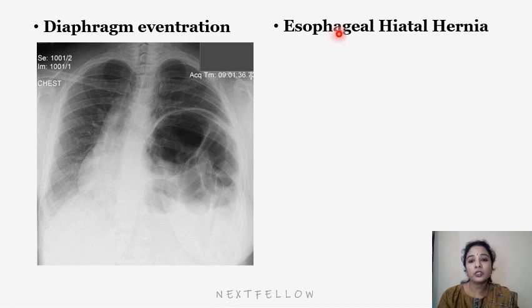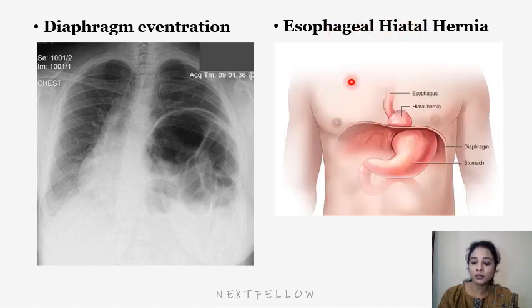Next condition is esophageal hiatal hernia. You can see the esophageal opening, that is herniation through the esophageal opening. The herniation is of the upper part of the stomach through the esophageal hiatus into the chest cavity or pleural cavity, caused by an abnormally large esophageal hiatus.